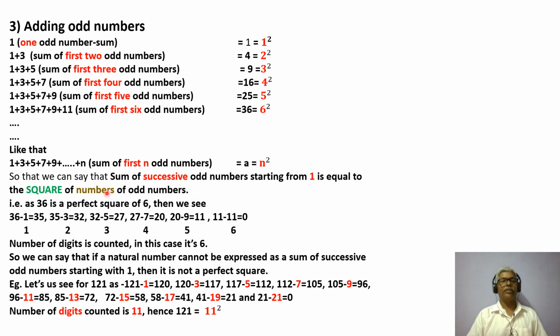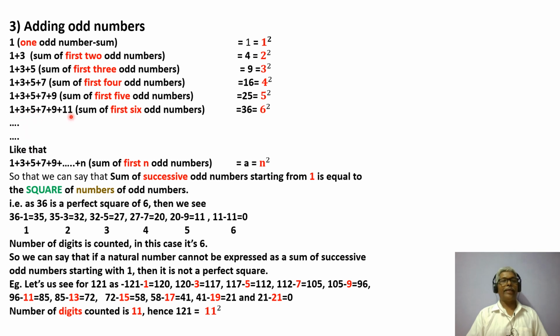Read it again and try to understand it yourself, and still if you face any problem, write to me in the comment box and I will explain again. So let us see some examples. Now here I have taken a simple example like 36. 36, as you know, is a perfect square of 6. Then we will check it.